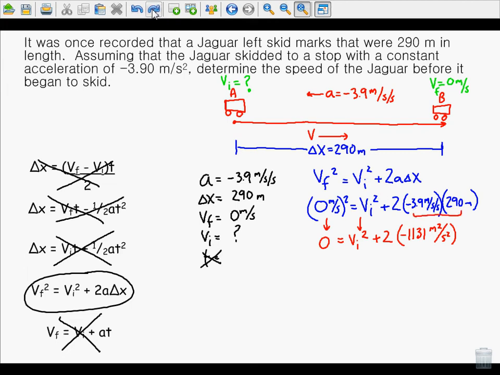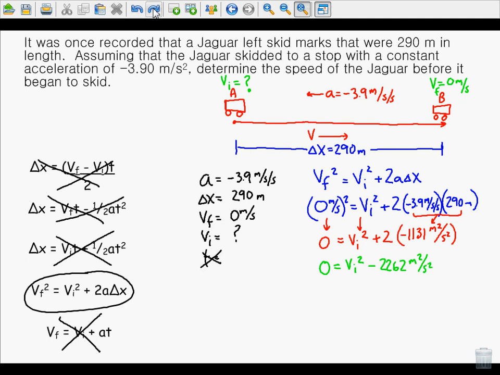All right, so now I'm going to rewrite this, and 0 equals vi squared minus, and I'll multiply 2 times what's in parentheses. So 2 times a negative turns into a negative, so minus 2,262 meters squared over seconds squared.